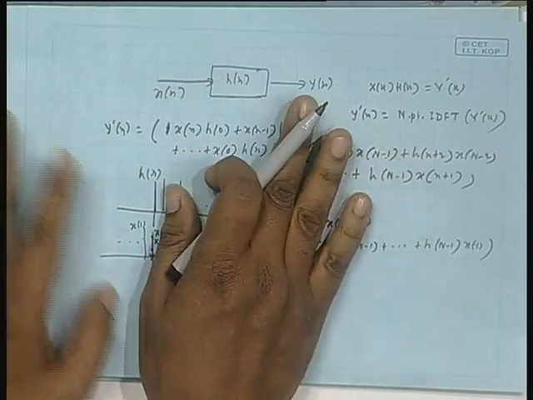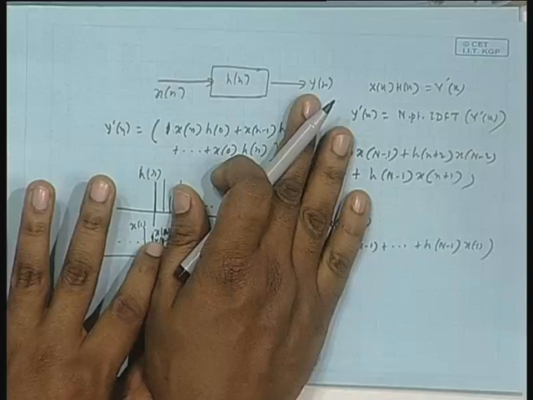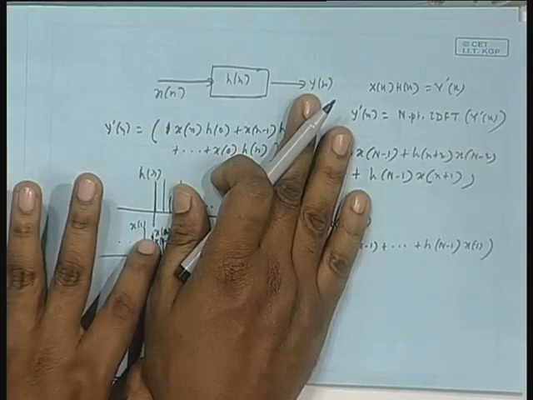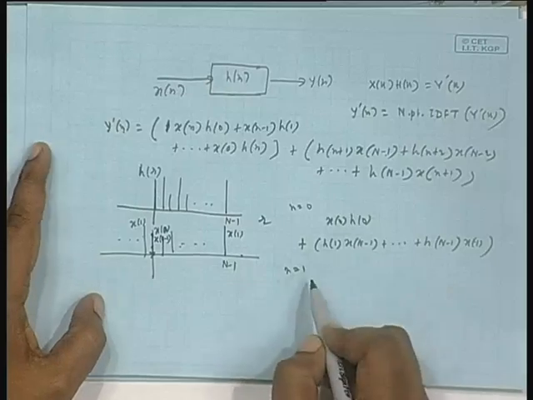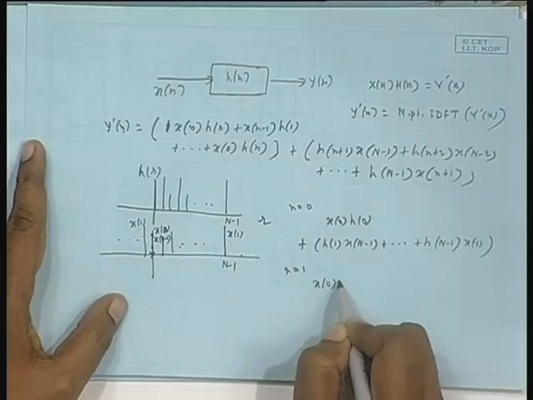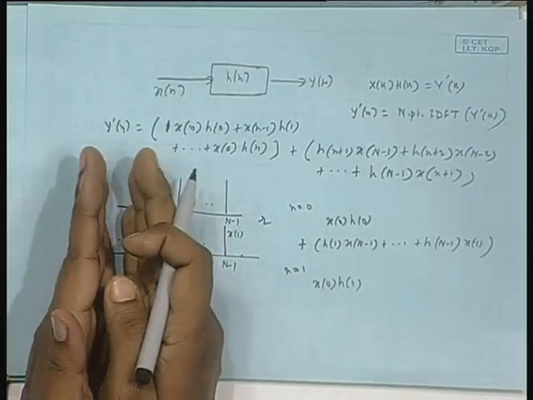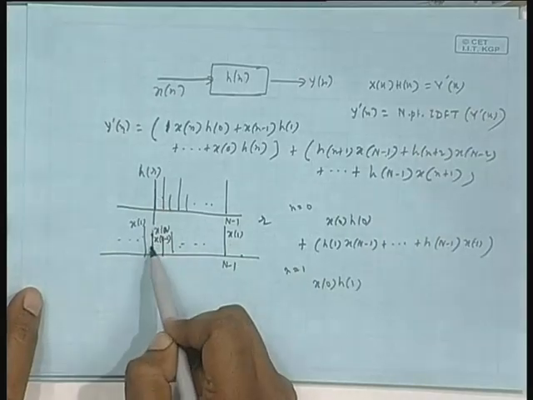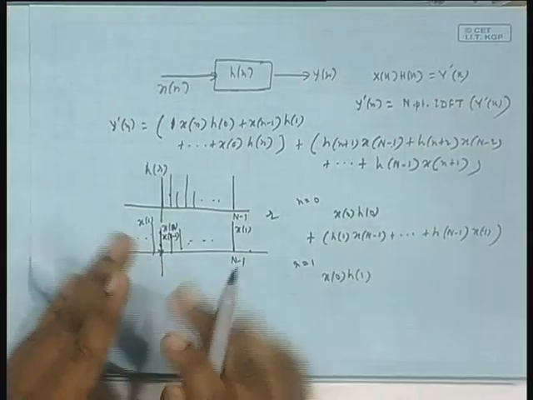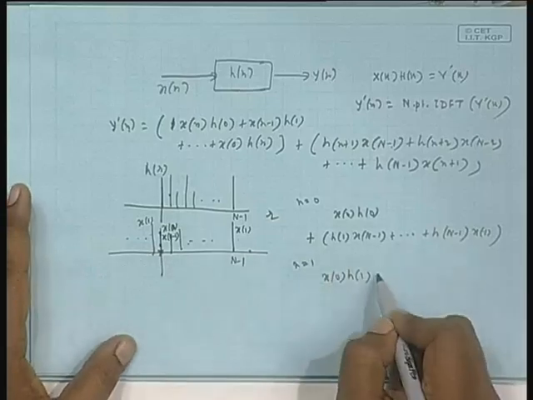See that part is like linear convolution, x 0 comes below h 1, x 1 comes below h 0, and sample wise multiplication, is not it? You have shifted, so you understand x 0 has come here, x 0 into h 1, x 1 into h 0, that part is like linear convolution.